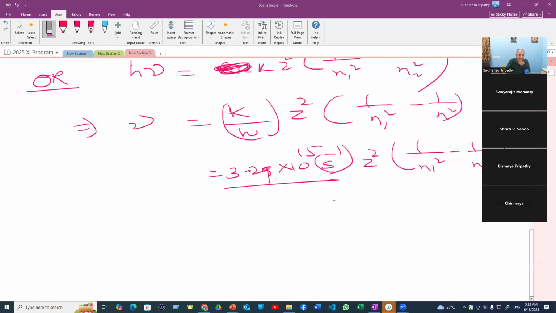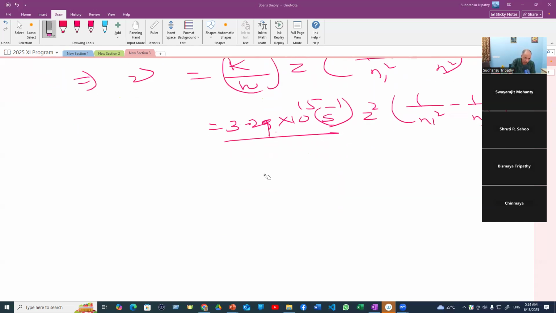As I told you, in each hydrogen spectrum, the lines converge, come closer and closer, and after a few lines, they overlap with each other to form a continuum.